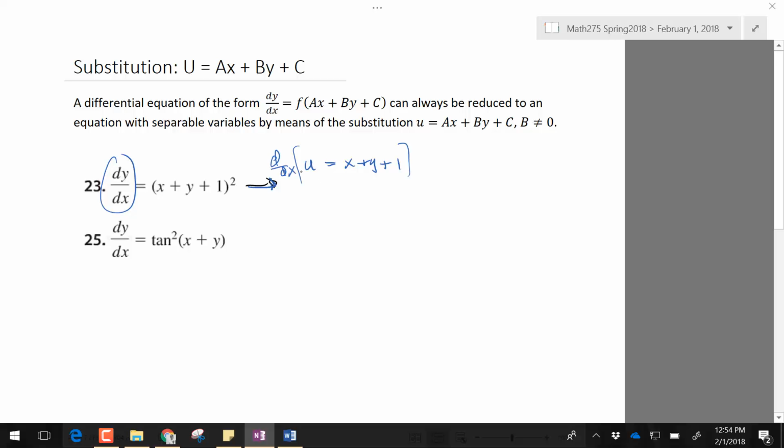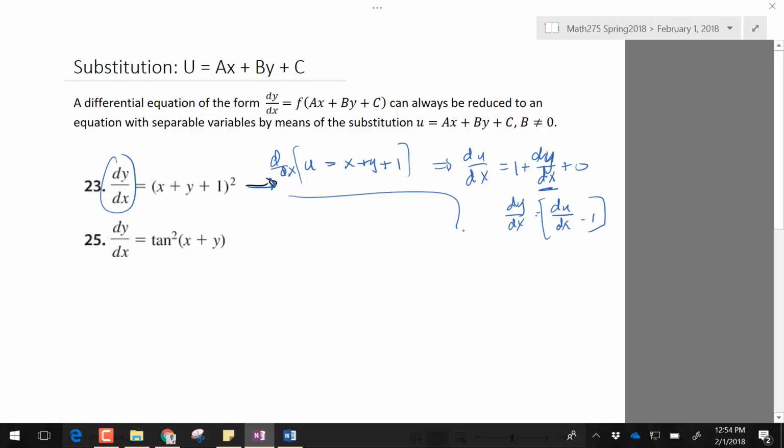And so this is going to give us du dx, and dx is 1, plus dy dx, plus 0, because that's just a constant. And so now here's our substitution for the derivative: dy dx is equal to du dx minus 1, and that's what we're going to substitute in for dy dx.